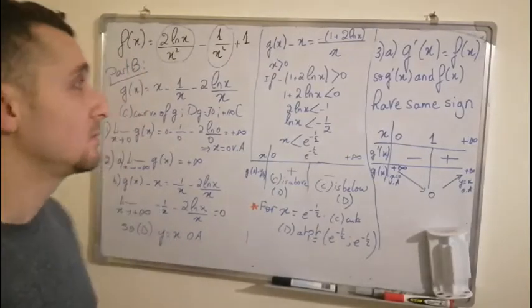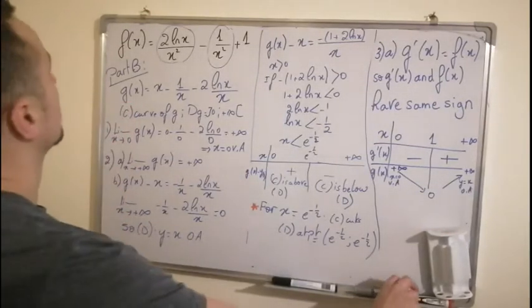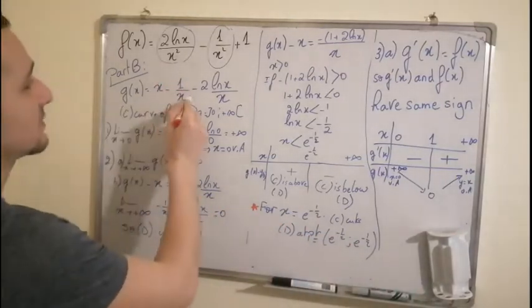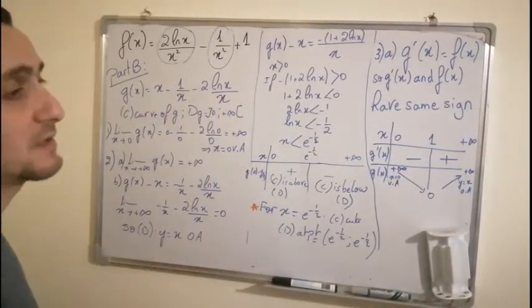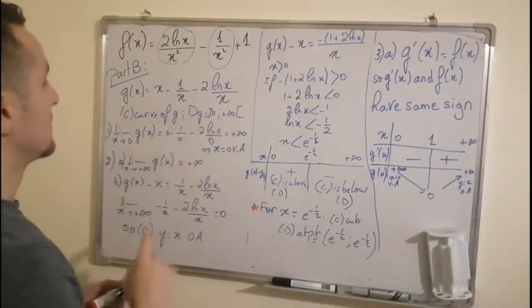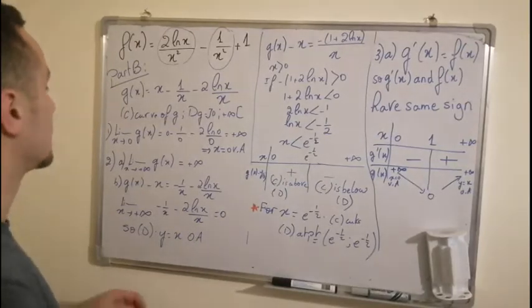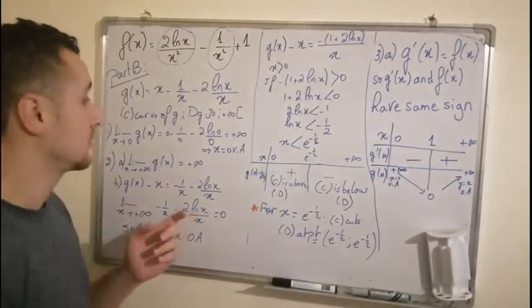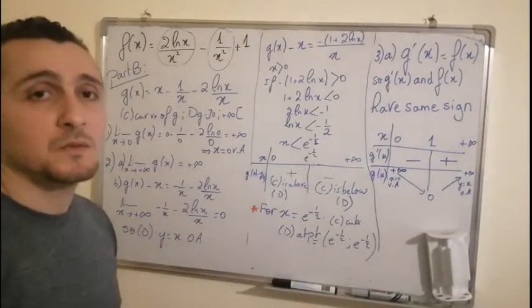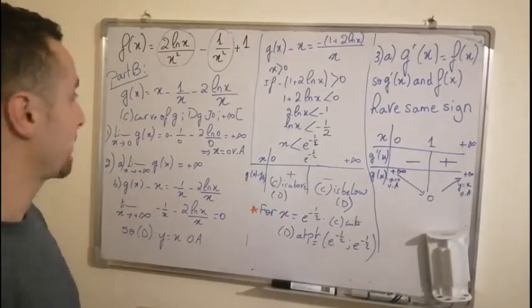Now in part B, given the function g of x defined by x minus 1 over x minus 2 ln x divided by x over 0 plus infinity. First question, calculate the limit when x approaches 0 and deduce an asymptote to the curve C of the function g.